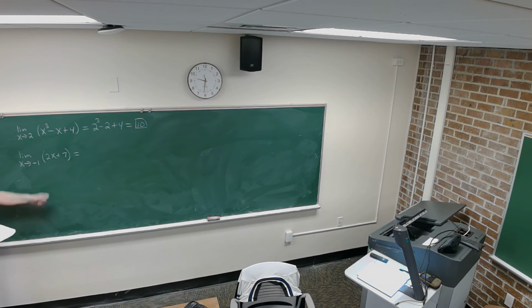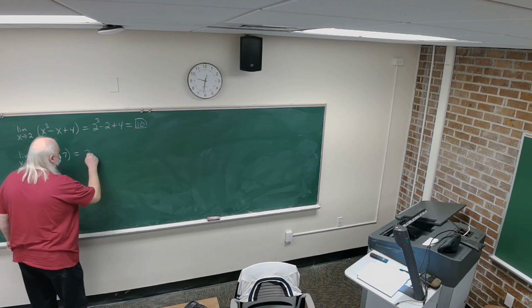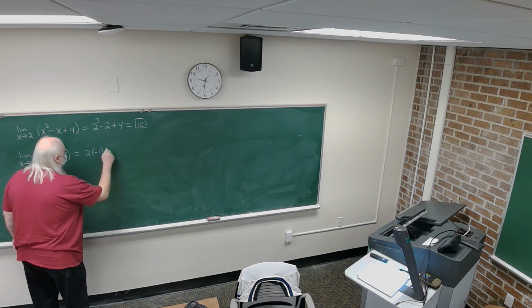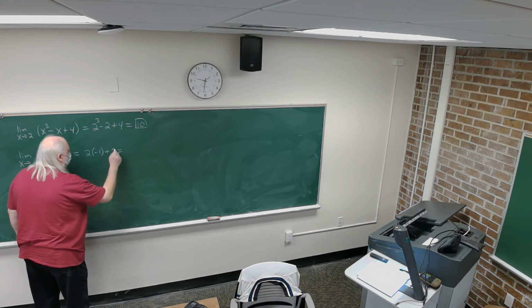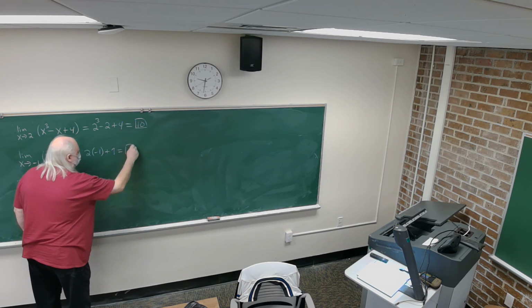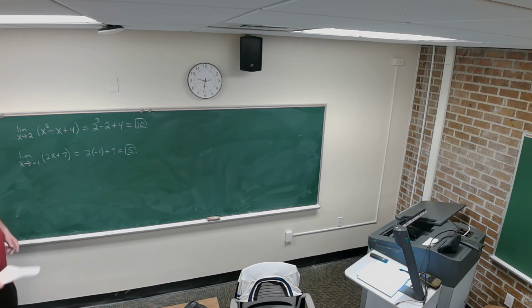And so again, you do the direct substitution, and you have 2 times minus 1 plus 7, which is equal to 5. So the closer the value of x is to negative 1, the closer the value of this function is to 5. All right, those are the easy kind. What we're going to do next is the more challenging kind.